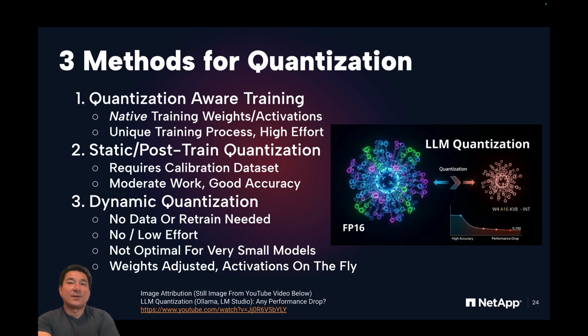Both weights and activations are quantized to lower precision. A calibration dataset is used post-training to determine quantization parameters for each layer. Finally, dynamic quantization. Weights are converted into lower precision, int 8 or float 16, while activations remain in high precision. They are quantized on the fly during inference.